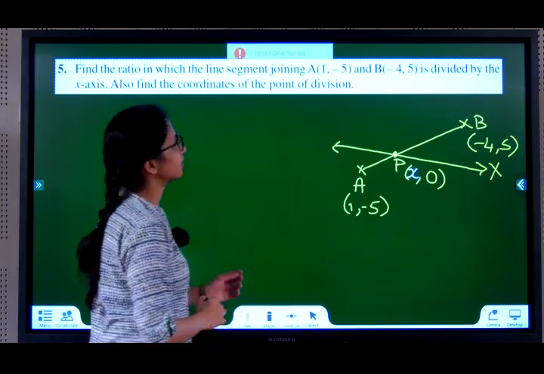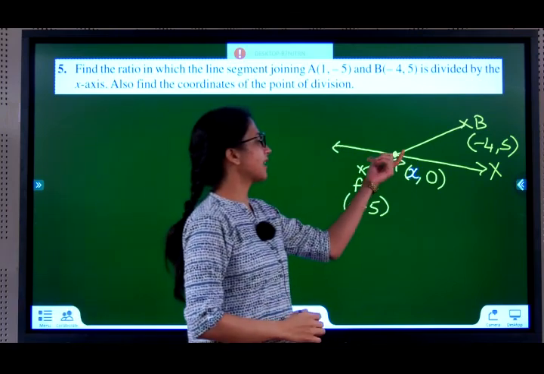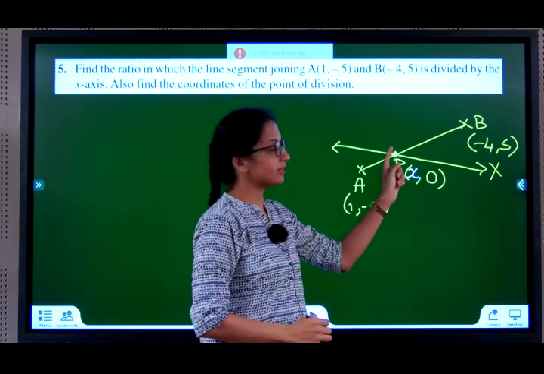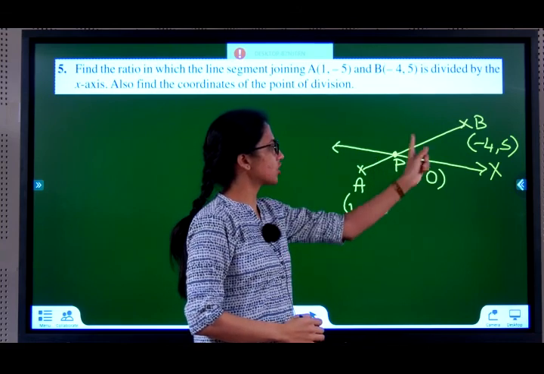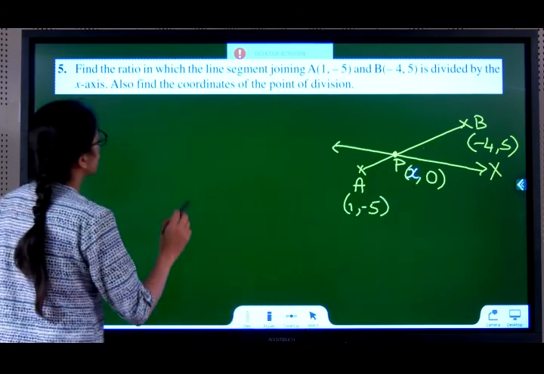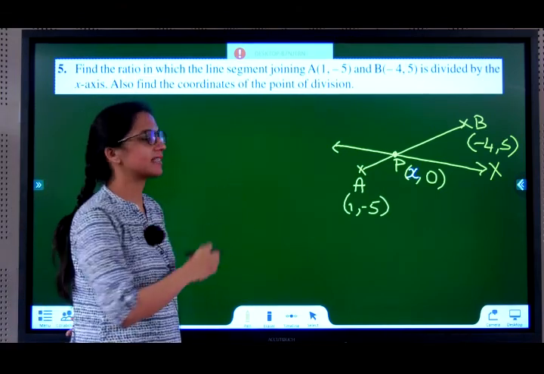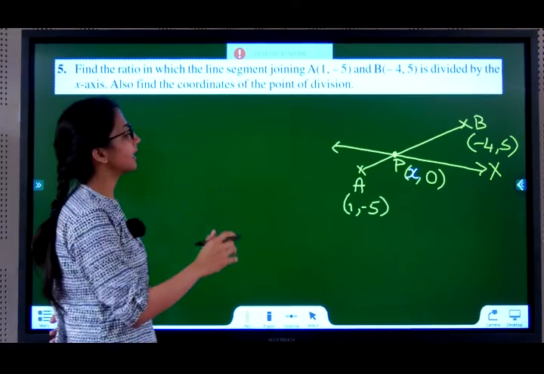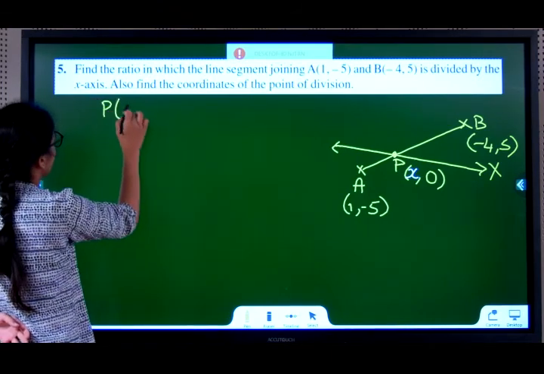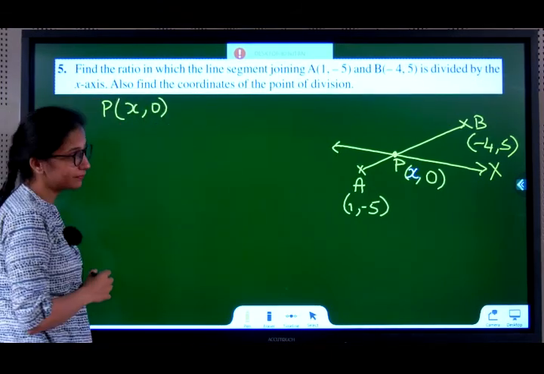So first they have asked us to find the ratio in which the x-axis divides AB. That means what is this m is to n ratio? So first statement: let the point at which the x-axis intersects the line segment AB be P(x, 0). Write that down.